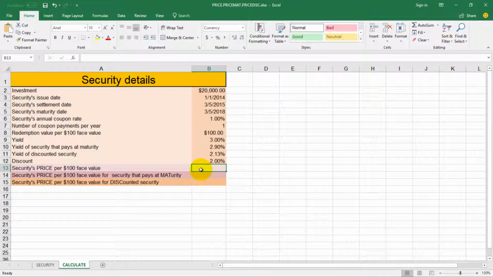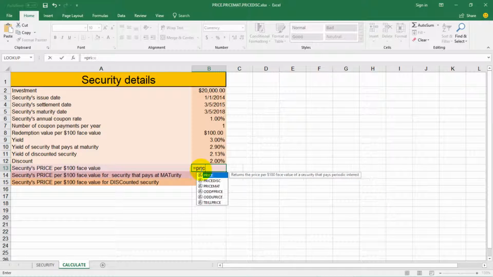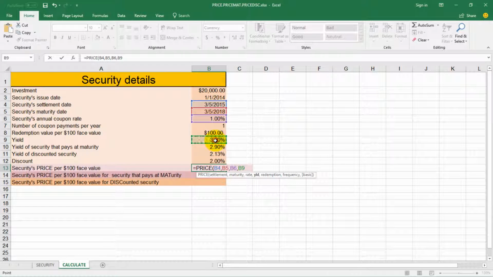So in cell B13, we type the function PRICE. First attribute is the settlement date, second the maturity date, the annual coupon rate is the third attribute, cell B6, the yield resides in cell B9, the redemption value per $100 of face value is in cell B8 and is the redemption attribute we see here on the function, and the frequency is the number of coupon payments per year.